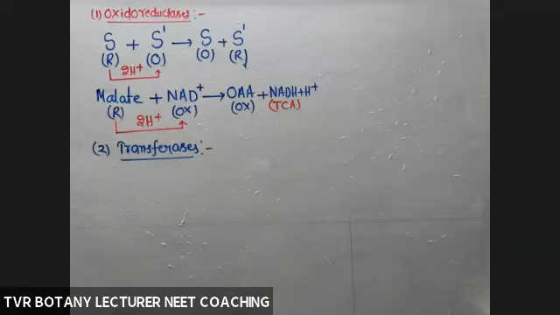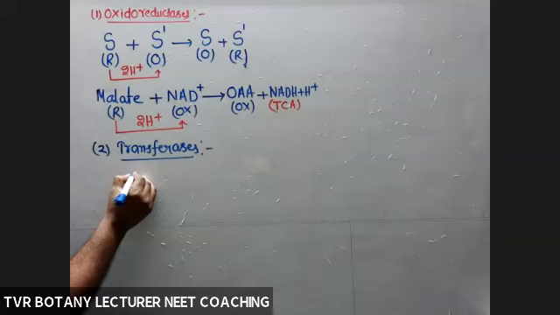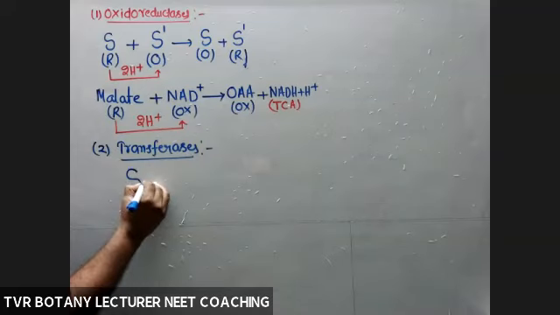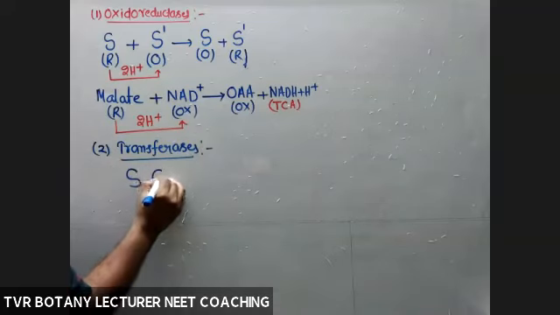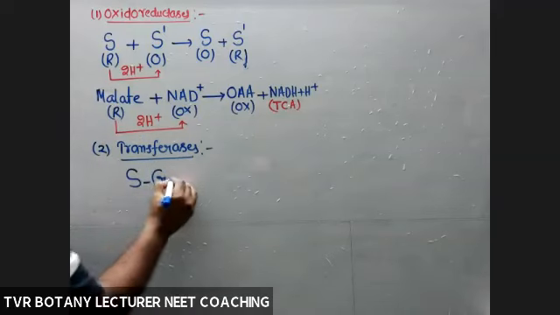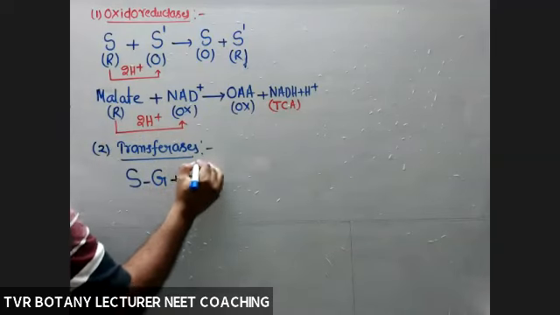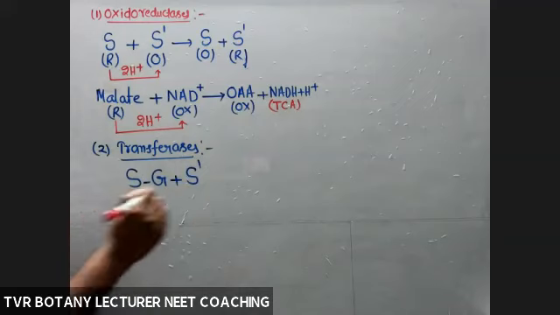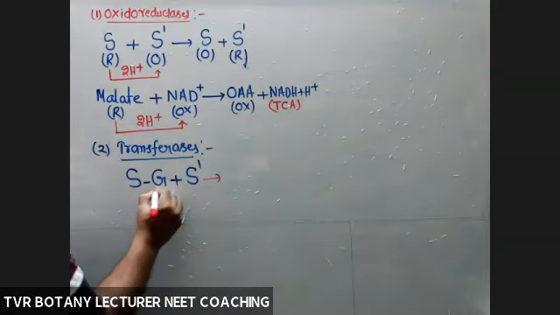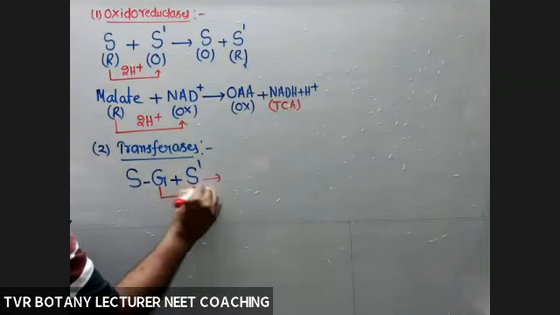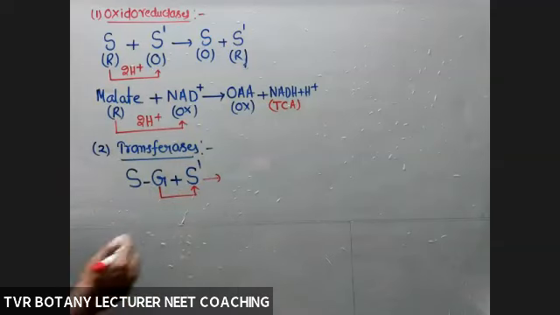What about the given example, the dummy one: a substrate bound to a group plus a substrate without the group gives rise to products. So the group is transferred to this second substrate, a reactant.